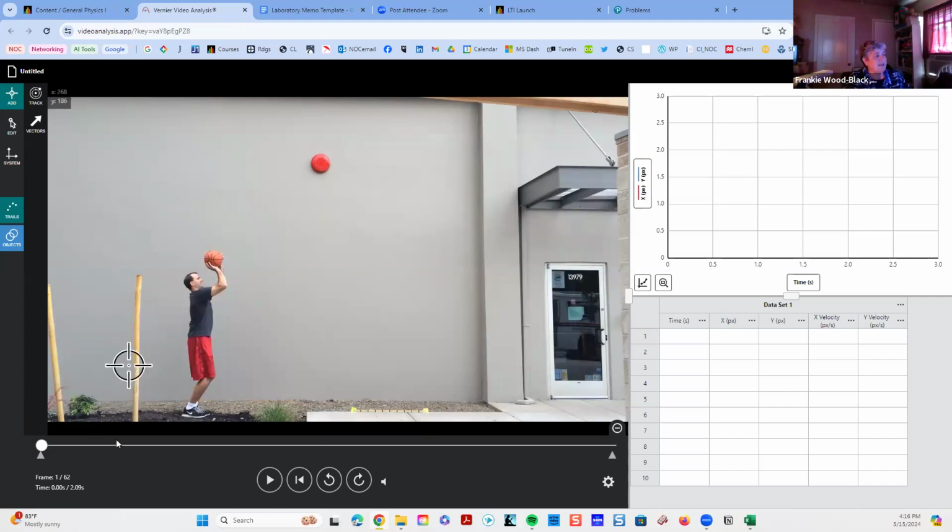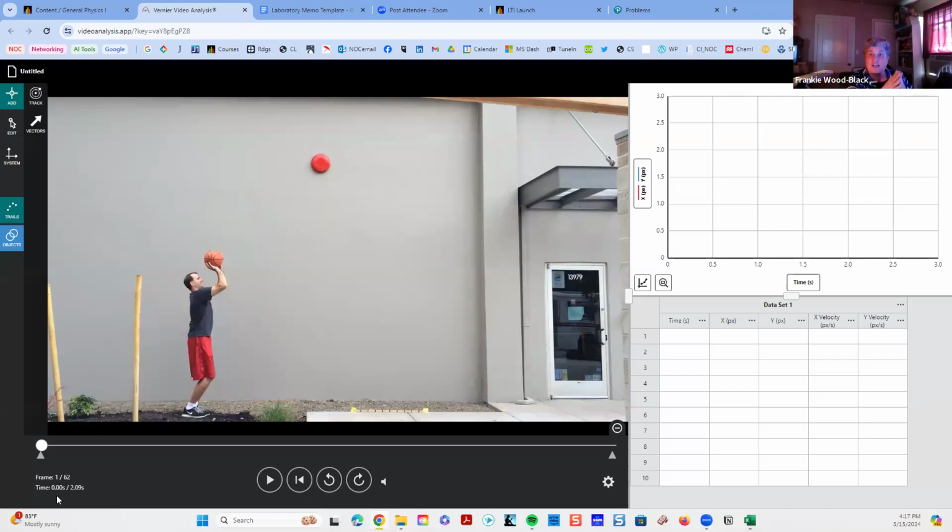So as we do this, the other thing that you're going to want to watch is your timing in frames per second. Most of the newer phones, we experienced this last semester. We hadn't run into it yet, but one of the labs that we used told you to record it in slow motion. And when they did it in slow motion, this video analysis tool uses a certain frames per second, and their time was all screwed up because they didn't have the right frames per second.